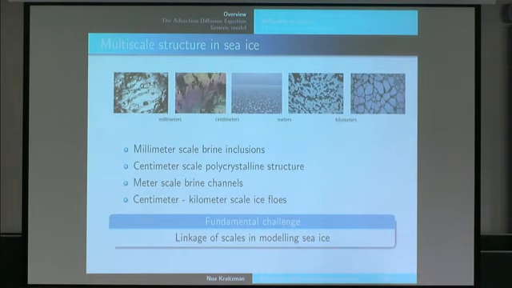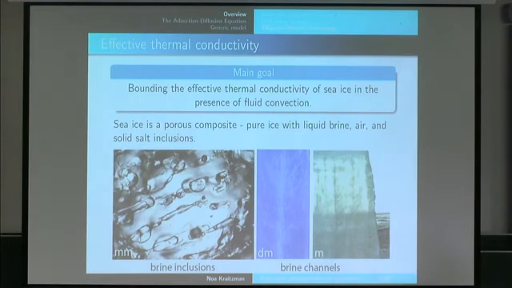What we want to do is to understand how we can take the information we know about the small scale and understand, using that, the effect it has on the larger scale system. So today we'll focus on the thermal transport and the brine inclusions.